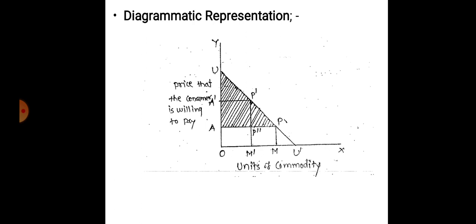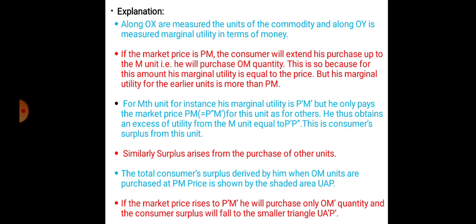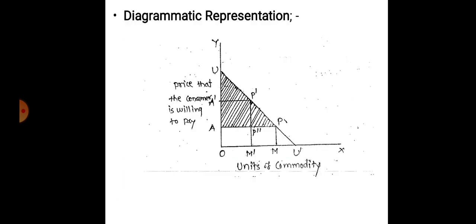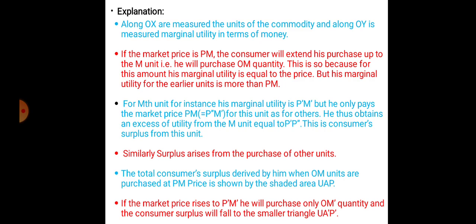Now see the next point. For the M dash unit, for instance, his marginal utility is P dash M dash. M dash is the earlier unit, meaning the fourth orange. His marginal utility is equal to P dash M dash, but he only pays the market price PM.